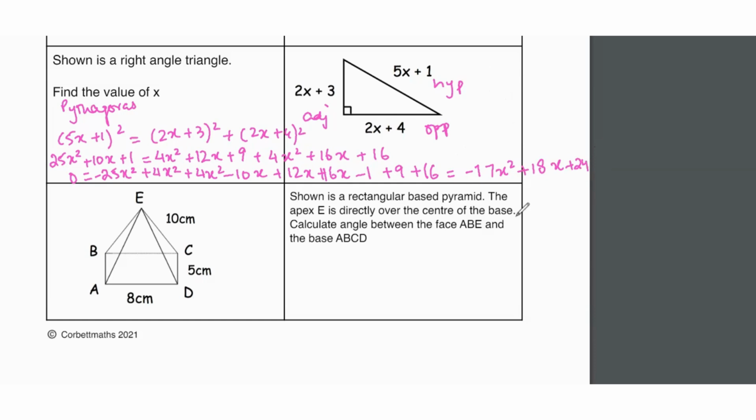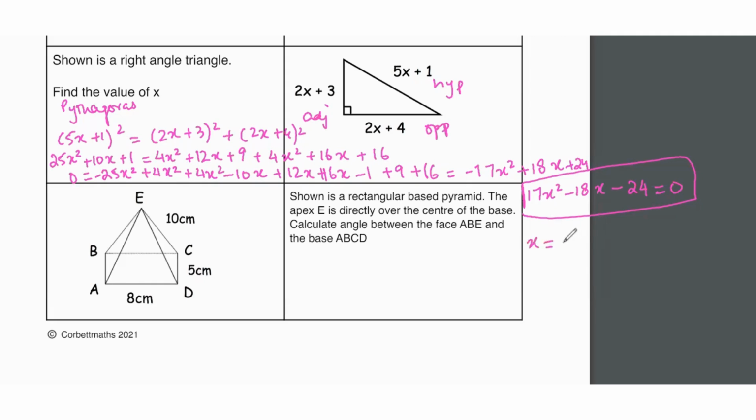So now we have another quadratic equation. We have to factorize this. I'm going to first make x squared positive. So that's going to be 17x squared minus 18x minus 24 equal to 0. This is the quadratic equation that we'll factorize. So to factorize this quadratic equation, I'm going to use the quadratic formula.